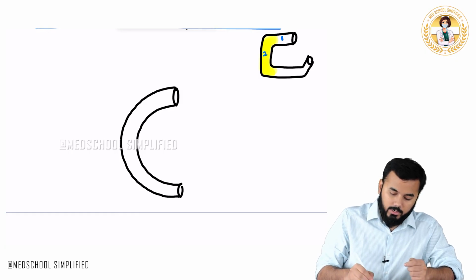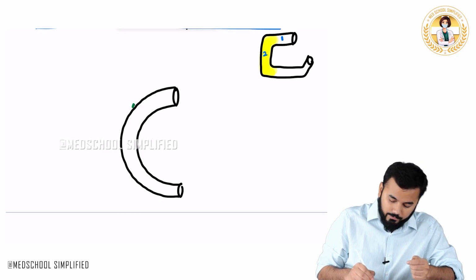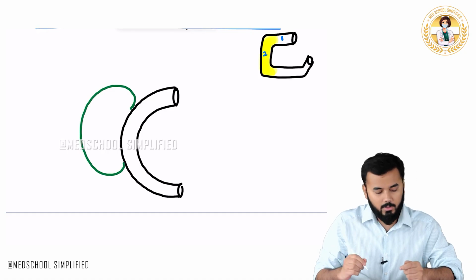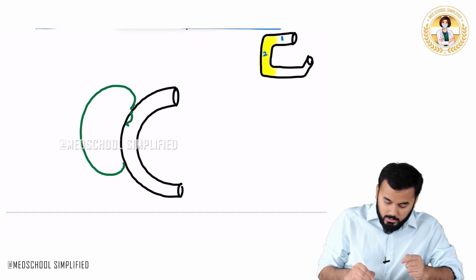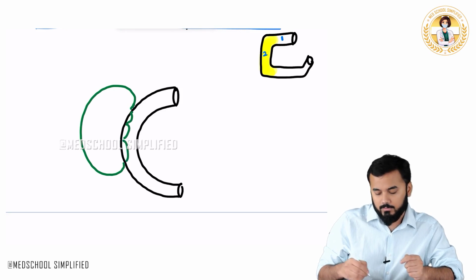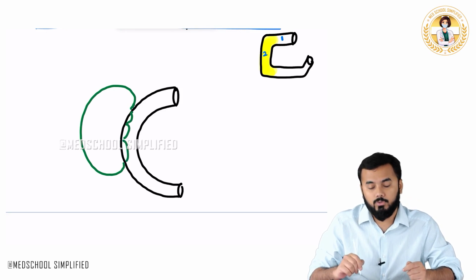The first example is a bean shaped organ that is located on the back of it. What is this bean shaped organ which is located back of it? This is called your spleen.